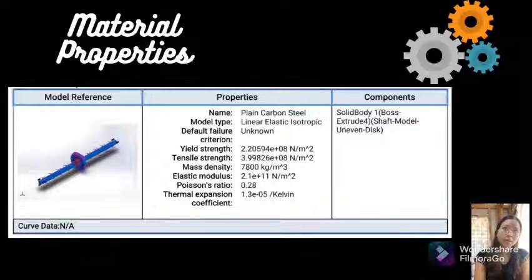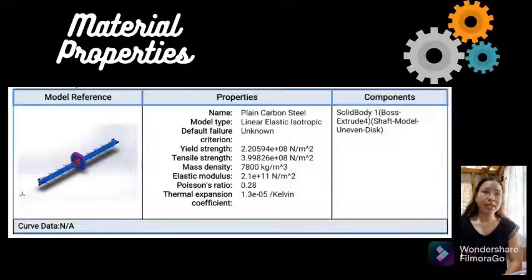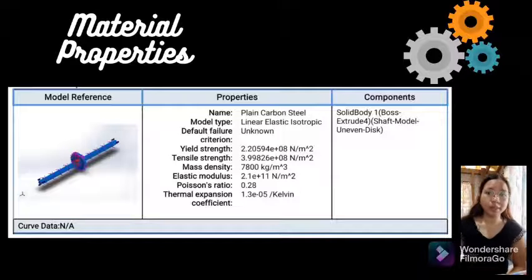So let's talk about its material properties. In properties, it has a plain carbon steel, and the model type is linear elastic isotropic. When we say linear elastic isotropic, a material is said to be isotropic if its properties do not vary with direction.